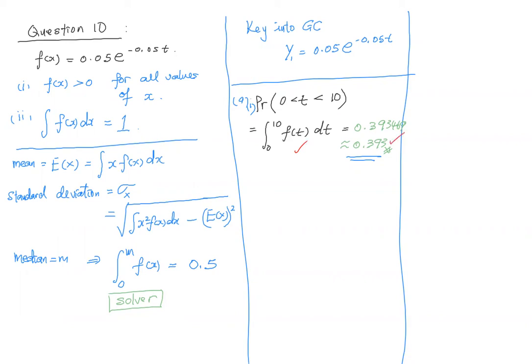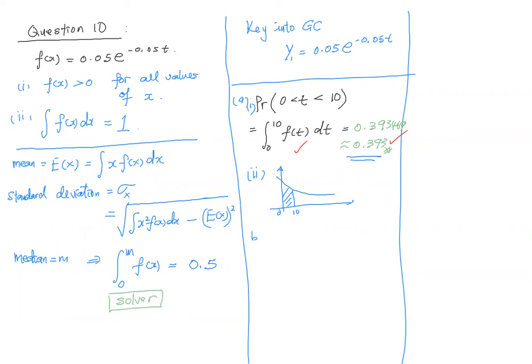So that is how we mark. For the part 2, you have to draw, shade in the graph, until 10 here. You shade this area, you get 1 mark. Are you clear?